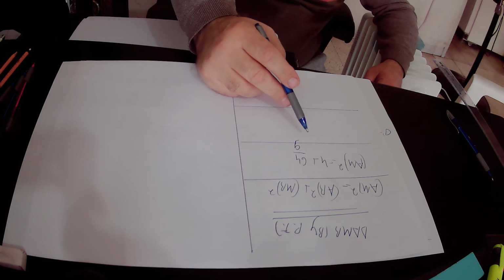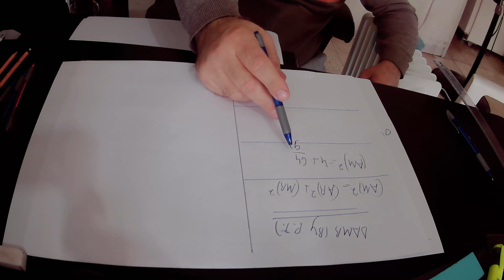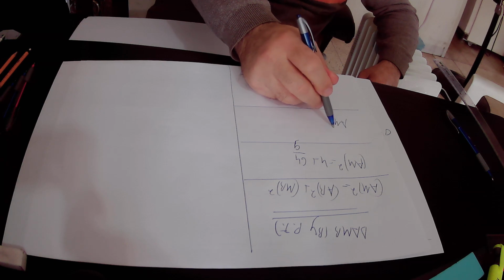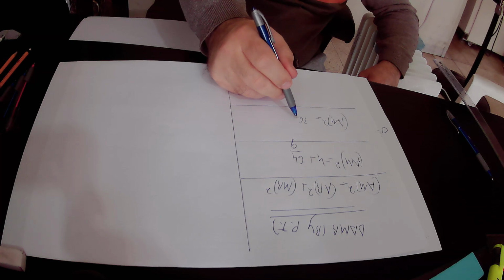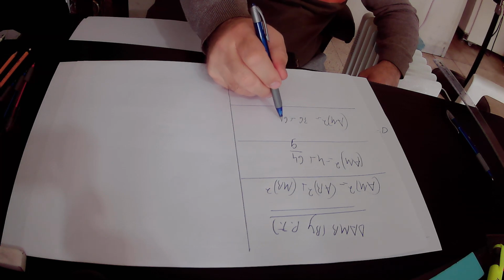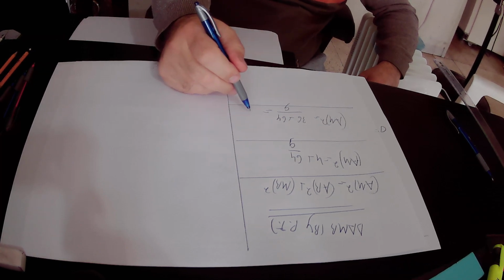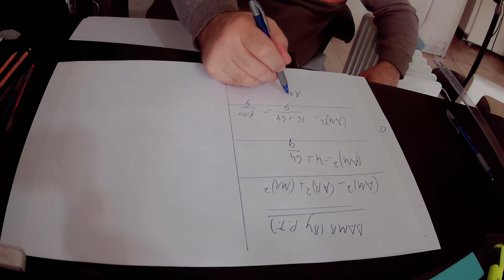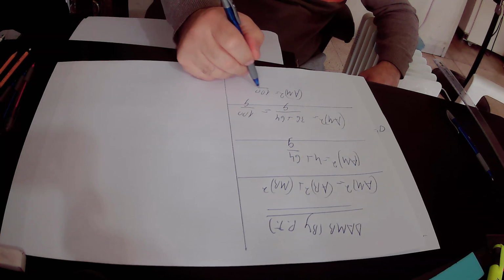Here we multiply 4 by 9 and then divide it by 9 in order to have a common denominator with 64 over 9, and we get that AM squared equals 4 times 9, is 36, plus 64, all divided by 9. 36 plus 64 is 100, divided by 9. In conclusion, AM squared equals 100 over 9.